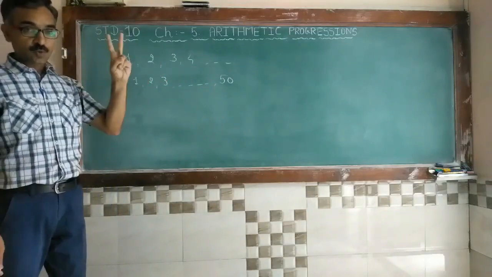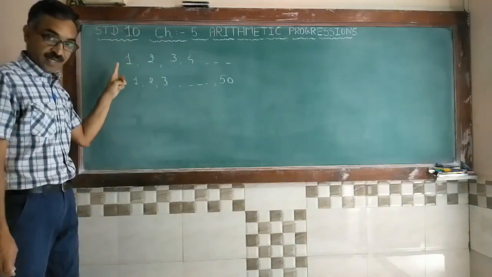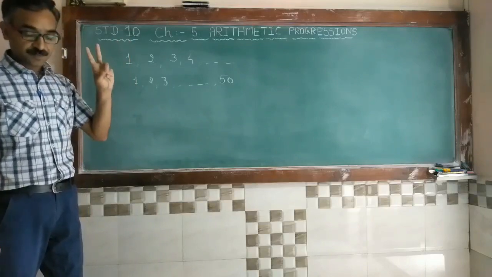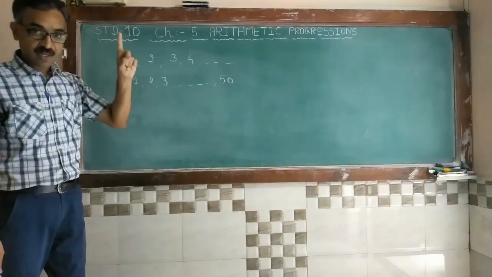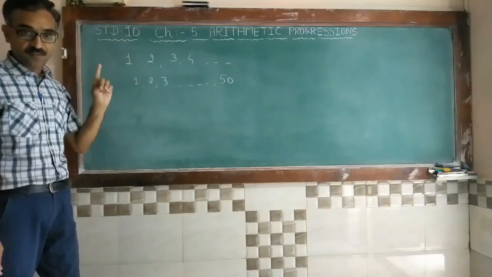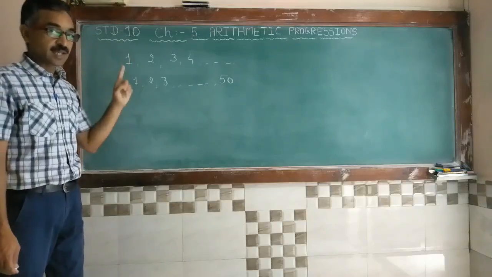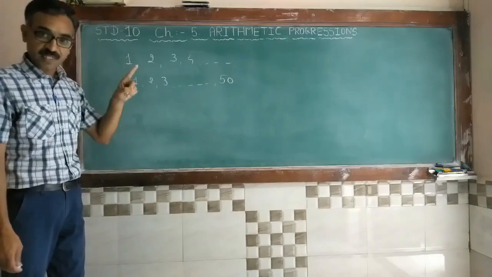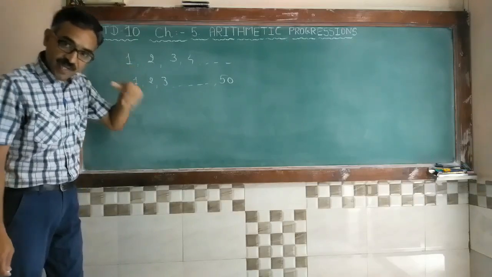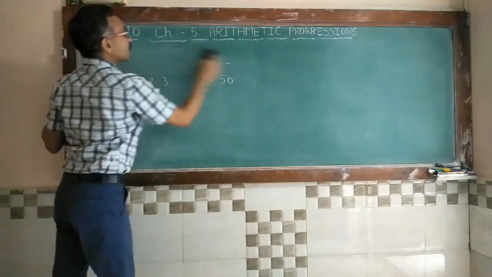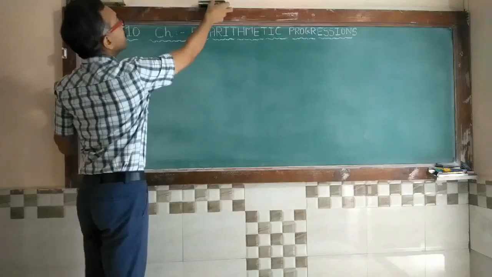So we have two types of arithmetic progression: infinite and finite. Now we know that first term is a, common difference is small d, and the general form is a, a plus d, a plus 2d, a plus 3d, a plus 4d, and so on.